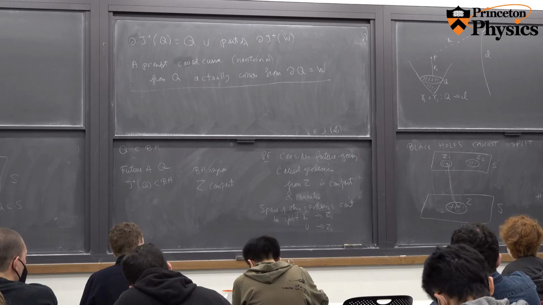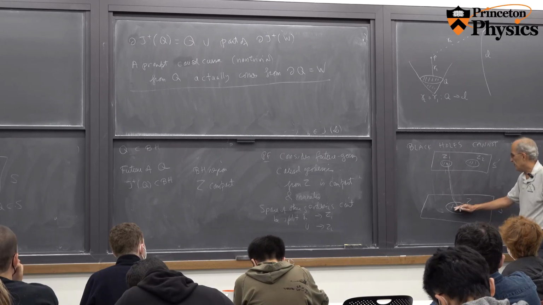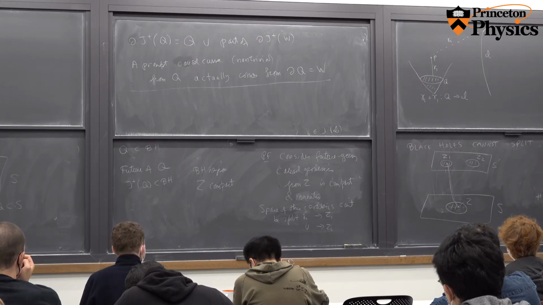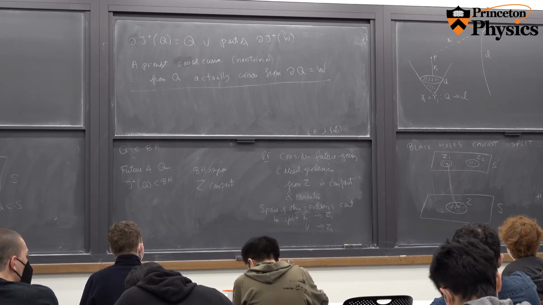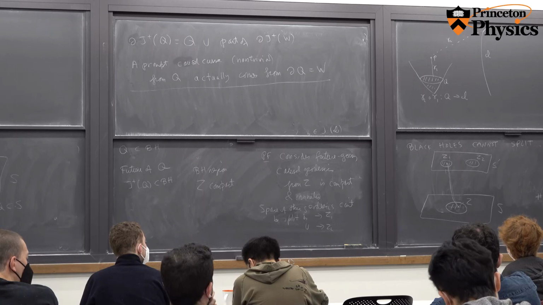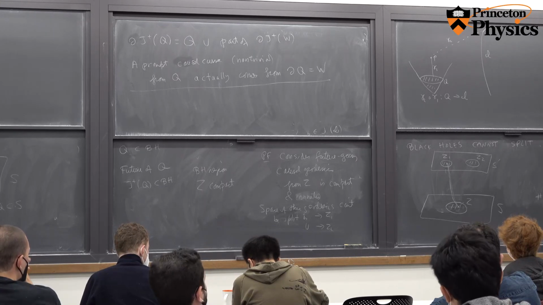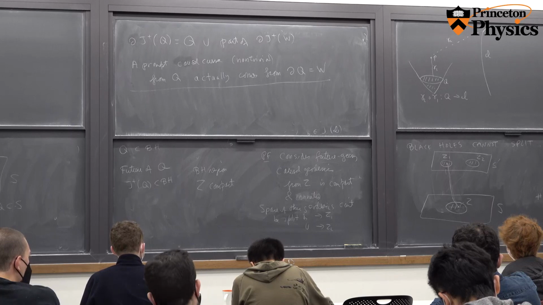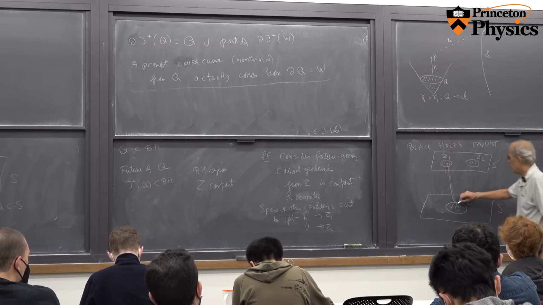So the smoothness of the map from the initial point of a geodesic on S to the point it intersects on S prime implies that all the causal geodesics from Z have to go to the same component of the black hole set on S prime. For example, they might all go to Z1.